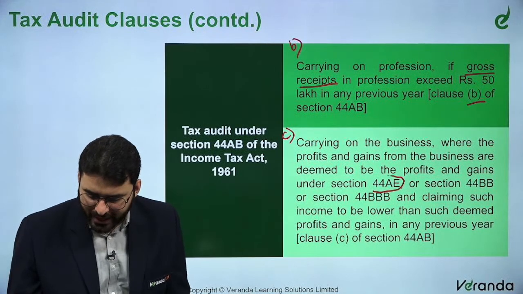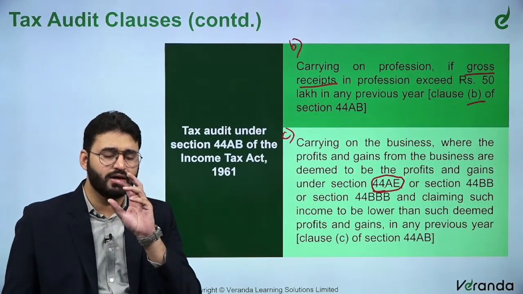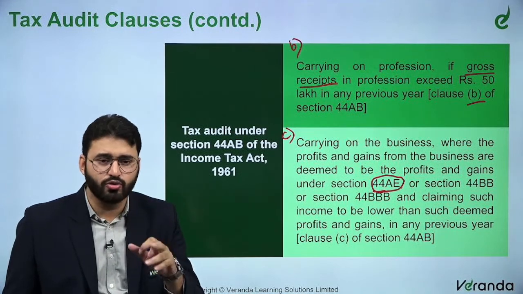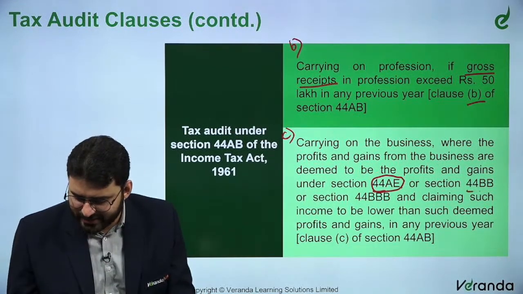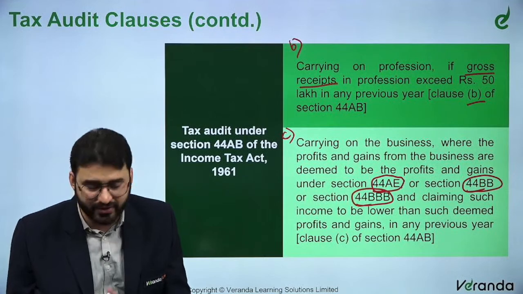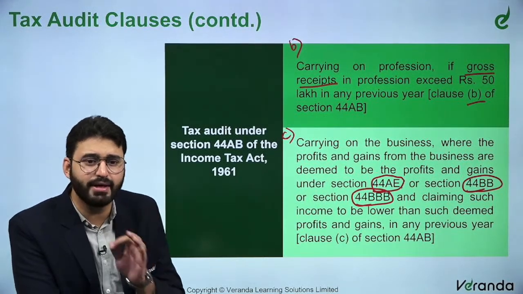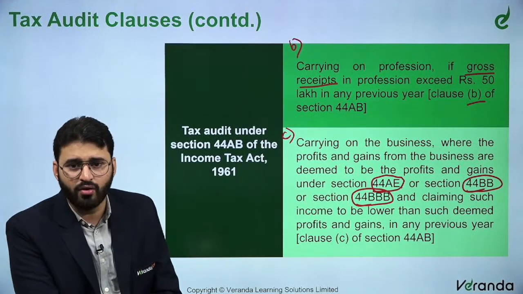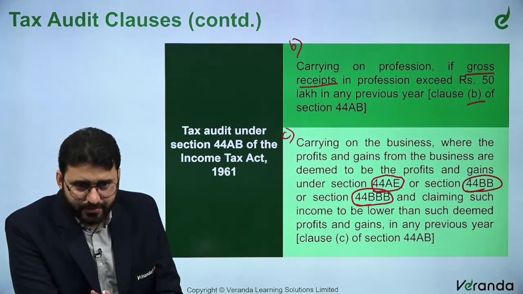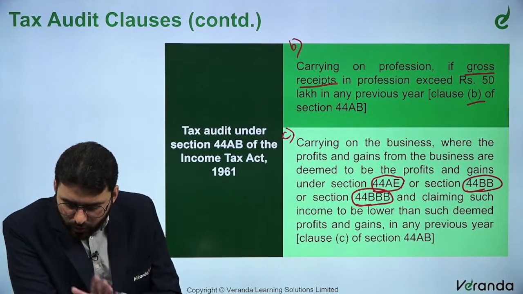They have an option to declare their income under these sections, 44AE, 44BB and 44BBB. Now if I am not declaring that, I am declaring an amount lower than such profit.